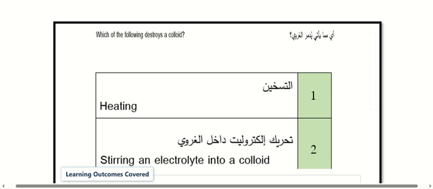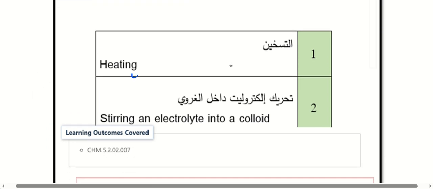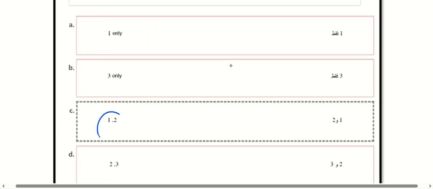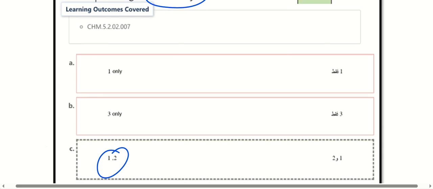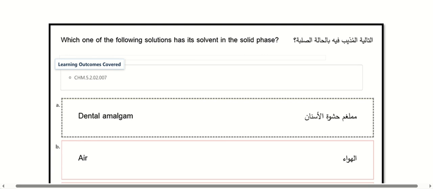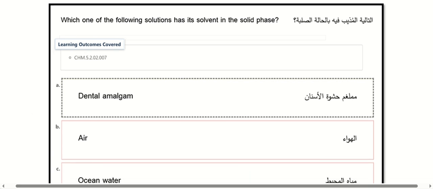The second question. Which destroys the colloid? Of course they give you heating, stirring, and adding electrolyte, 1 and 2. The answer will be 1 and 2 together: heating and adding electrolyte to the colloid. Which one of the following solutions has its solvent in solid phase?